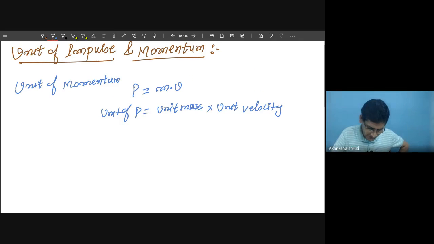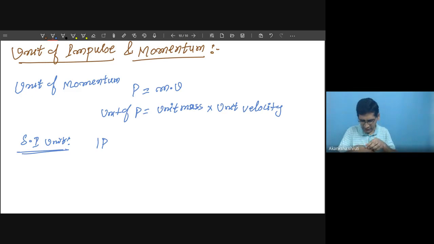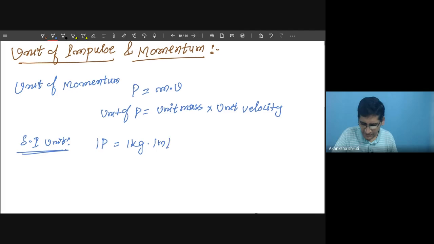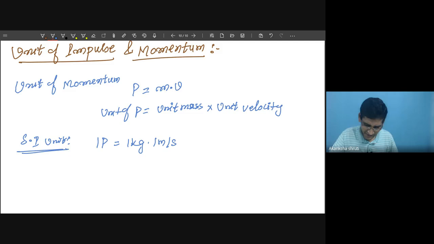Now consider mass in SI unit. So what will be the SI unit of P? 1 unit of momentum will be mass in 1 kg and velocity in 1 meter per second. So students, keep in mind it is 1 kg meter per second, which means the power of second is -1.